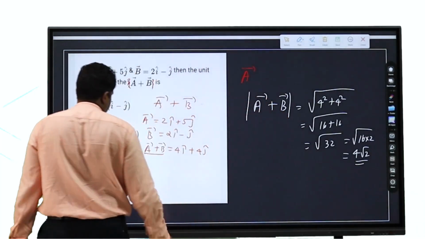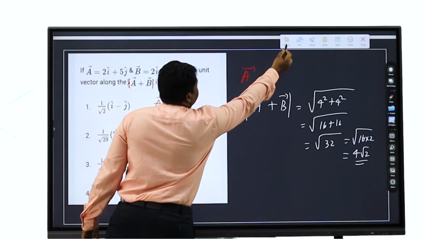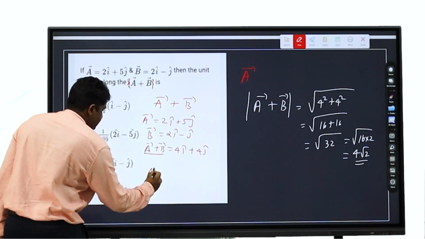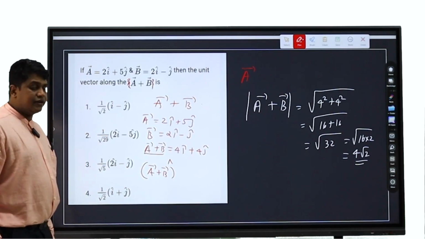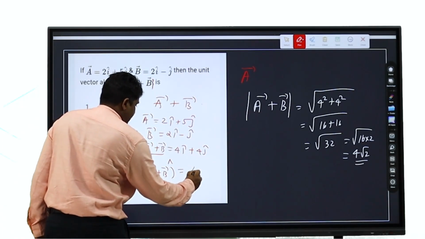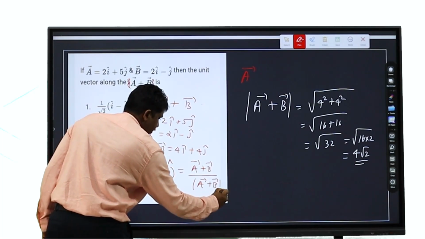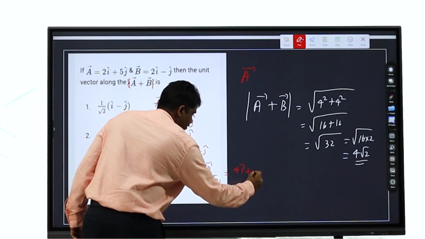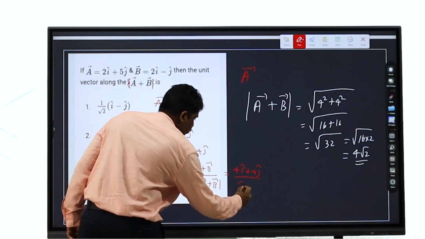Then what is the unit vector along the direction of A plus B? That is A plus B cap, which is given by A plus B divided by magnitude of A plus B. A plus B is 4i plus 4j, and we can divide this vector by the magnitude of the vector, which is 4 root 2.